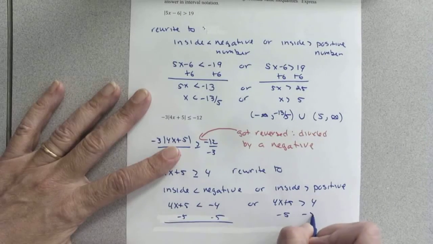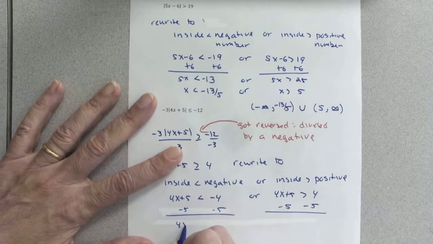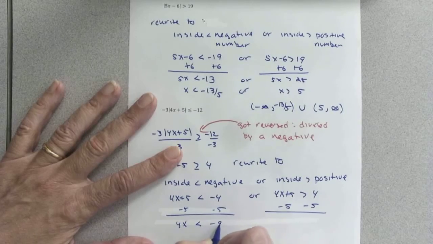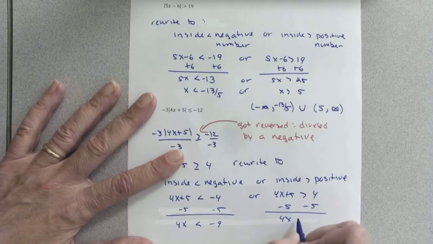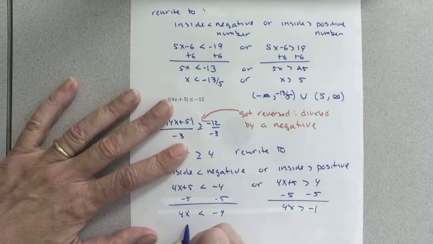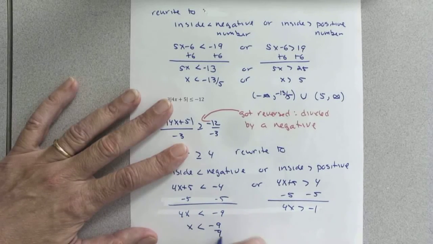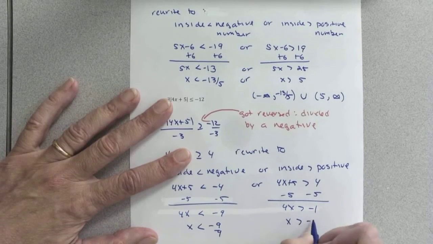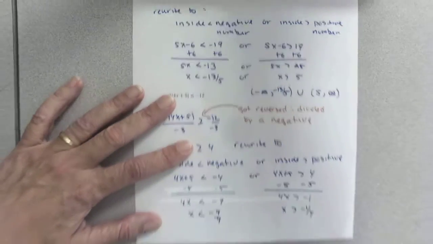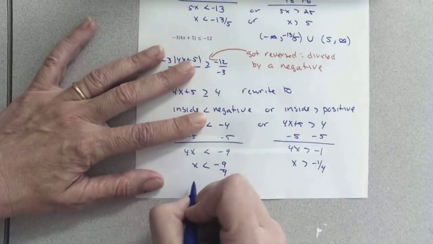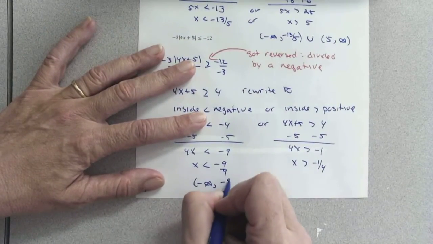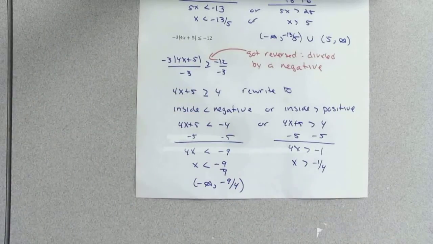So I'm going to subtract 5 from everybody. And I get 4x is less than -9, 4x is greater than -1. X less than -9/4. X greater than -1/4. And in interval notation, -infinity to -9/4. Less than forever is that -infinity.